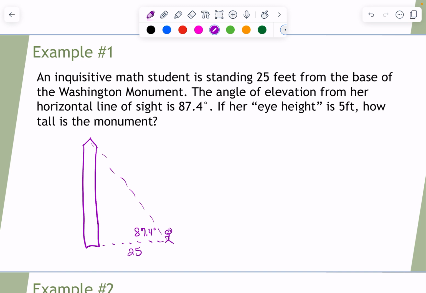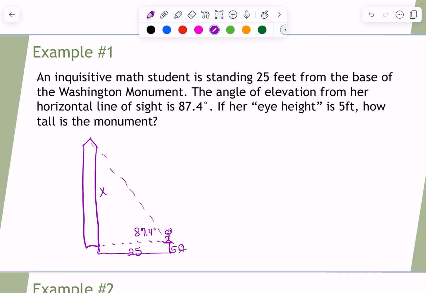And it says if her eye height is 5 feet, then how tall is the monument? So when we do this, we're going to have to make sure we take into account that 5 feet. So where does that 5 feet lead us?